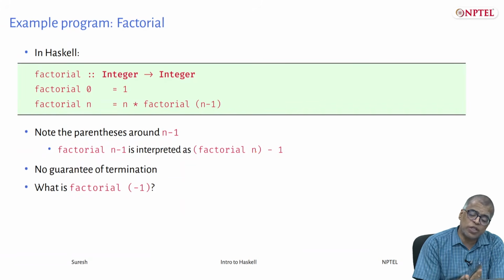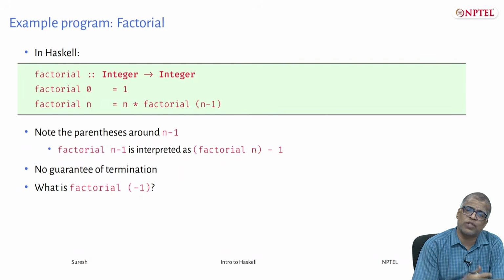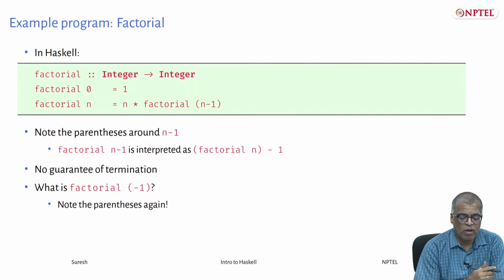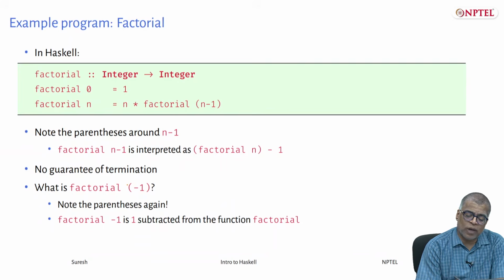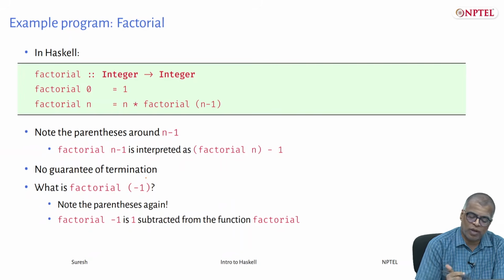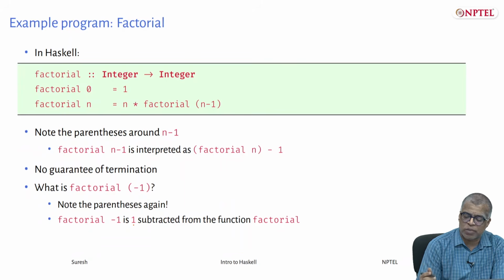Now even in this definition there is no guarantee of termination, because what if I invoke this factorial function with minus 1 as the argument? The minus 1 should be enclosed within parentheses because I want to treat it as one value. If I just write factorial minus 1, that will be treated as 1 subtracted from the factorial function, which doesn't make sense. It won't even type check.